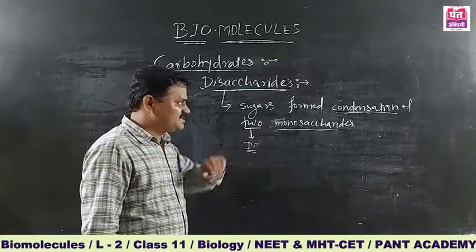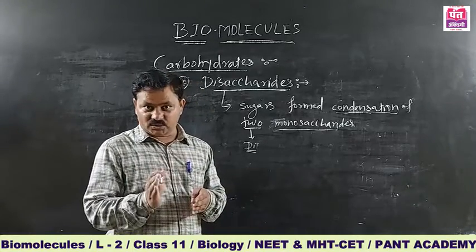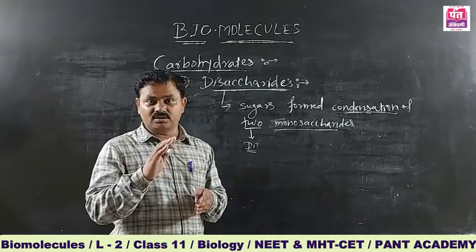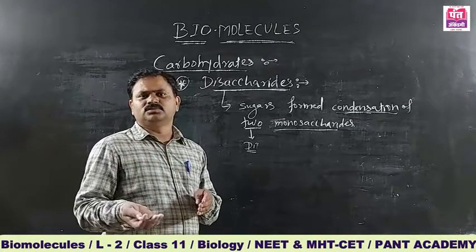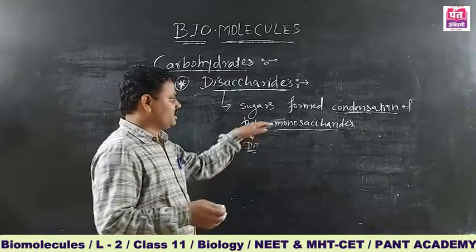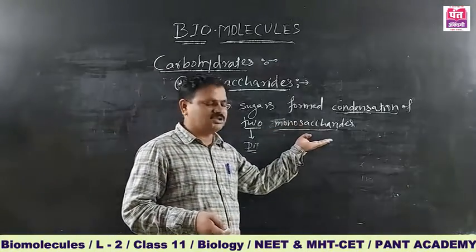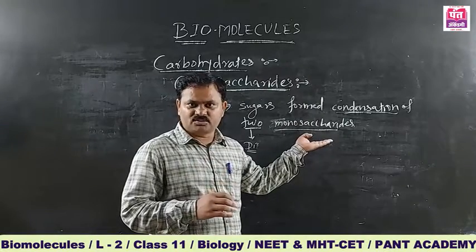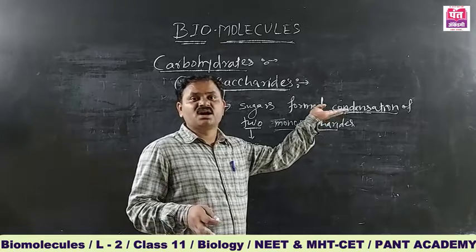This condensation reaction occurs by removing a hydrogen atom and a hydroxyl group, or a water molecule, we can say. Hydrogen and oxygen are removed from the two different ends of the sugar combination, and that process is called condensation.